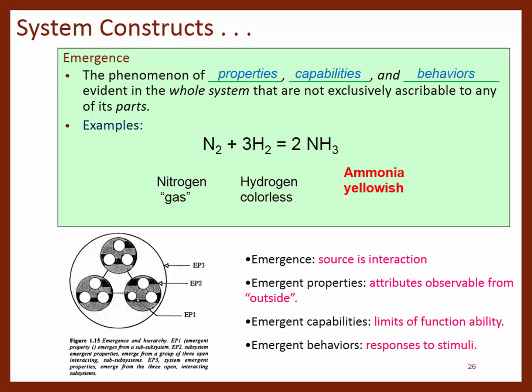But when you combine them, you end up with ammonia, which has a color that is yellow. So properties, capabilities, and behavior are not evident in the parts until you put them together. So even though both gases were colorless, when you combine them, you generate something new with a color.